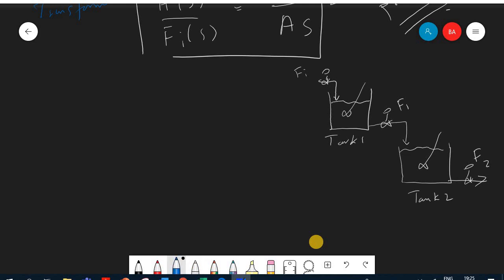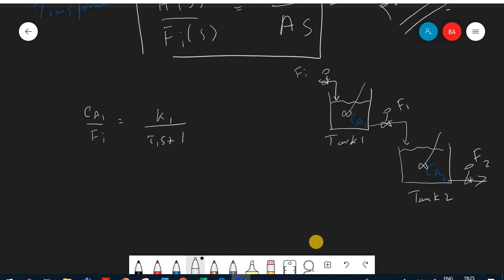So what do I have here? I have Ca1 and Ca2. I'm not going to go through the math now, but if I want to find the equation of Ca1 over Fi, I'm going to see that it will obey a first order process.